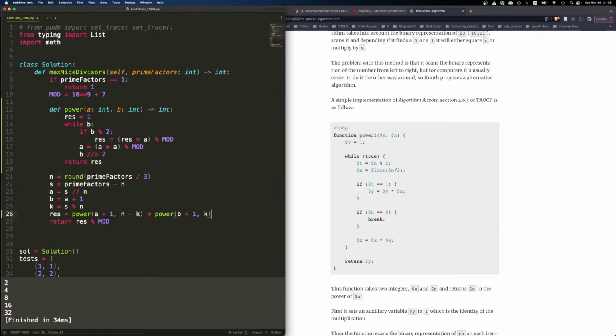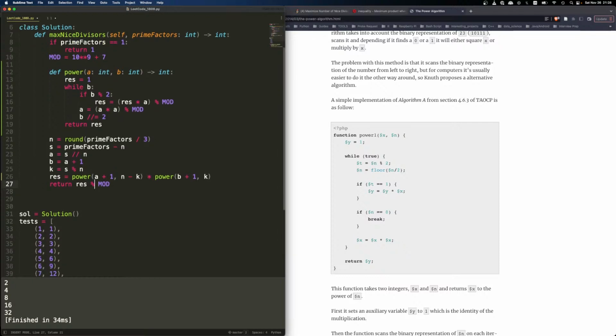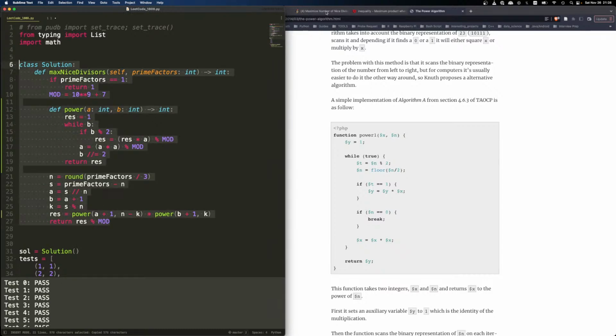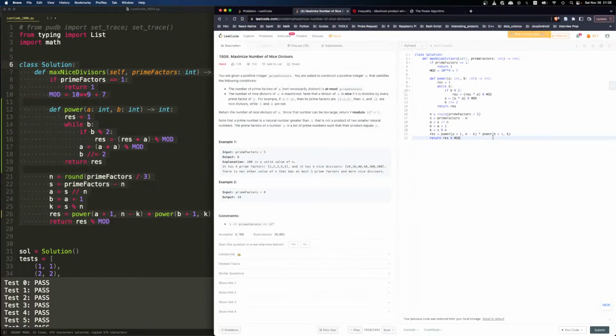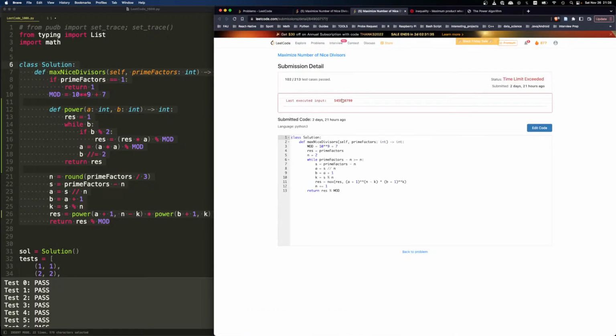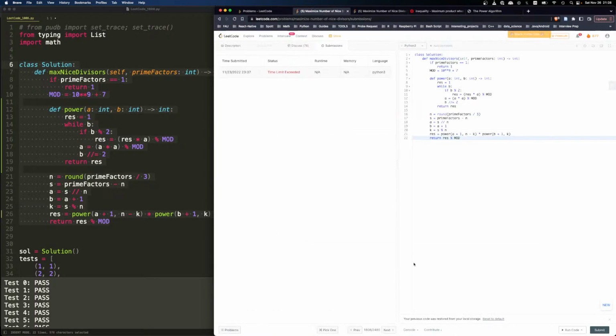Oh, and then yeah, we do a mod as well. Okay. Of course, they will pass. All right, let's see our failed cases. Oh, I think we have found it.